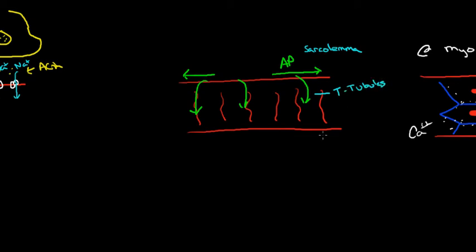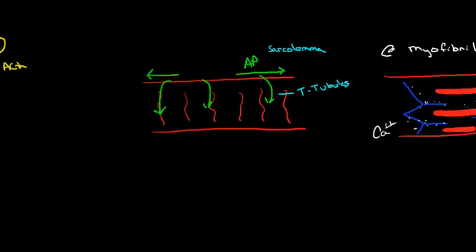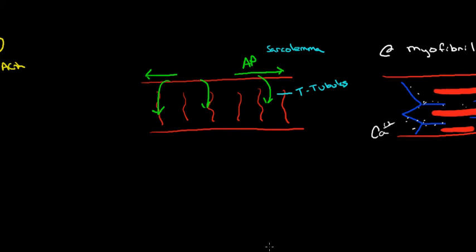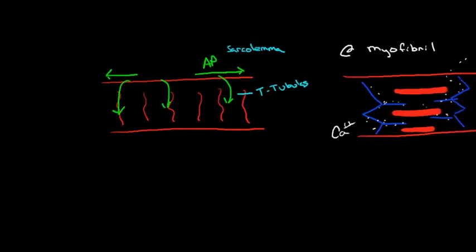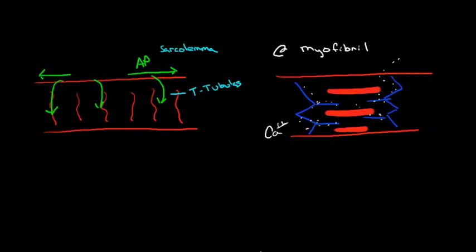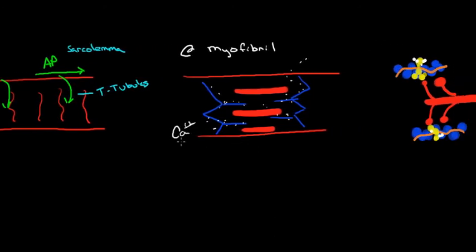That T stands for transverse tubules. And that drives the action potential not only on the surface, but into the interior of the skeletal muscle fiber. From that point, that action potential depolarizing along the sarcolemma and into the muscle cell via the T tubules causes the sarcoplasmic reticulum, or the SR, to release calcium.